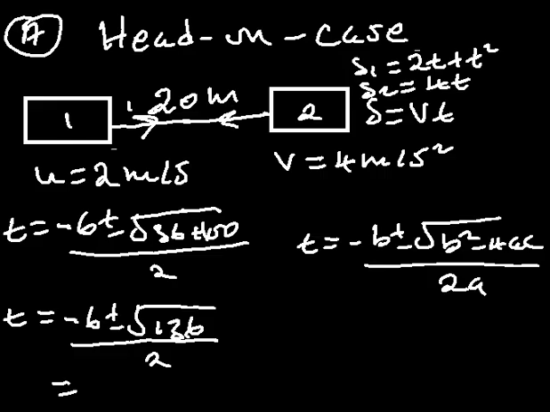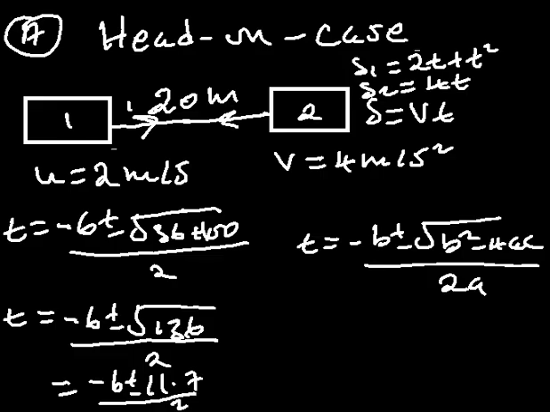So the square root of 136, that is 11.7. So we have negative 6 plus or minus 11.7, that is divided by 2.